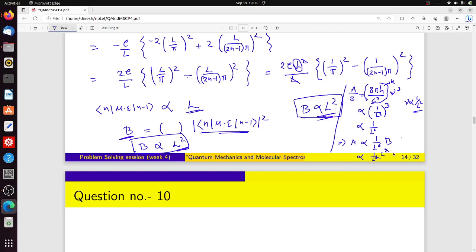So this will give me 1 over L to the power 4, right? So this A is proportional to L to the power minus 4. Got it?